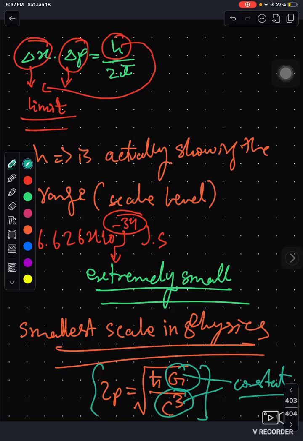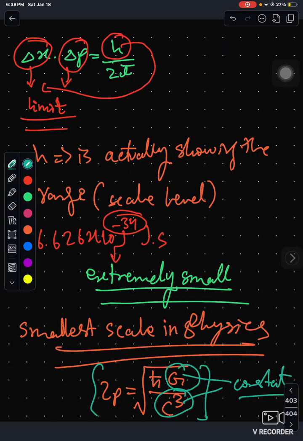G is known as the gravitational constant and c is the speed of light. It sets a theoretical limit below which current physics cannot describe phenomena directly. By current physics, I mean classical physics.